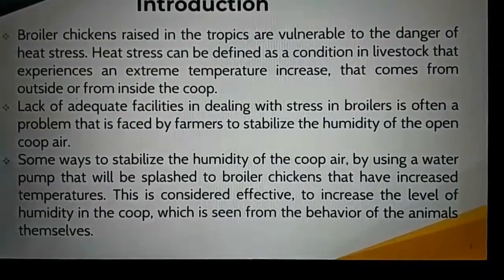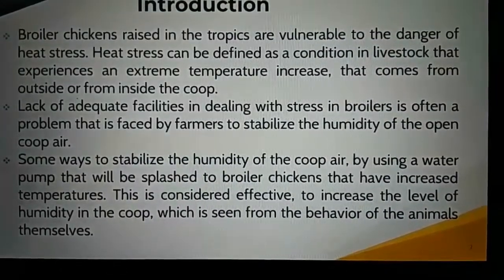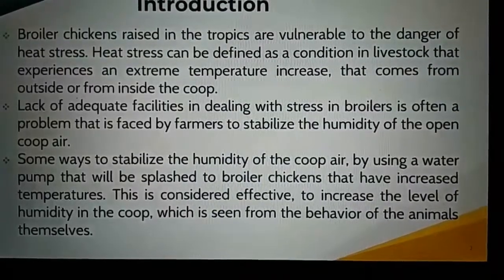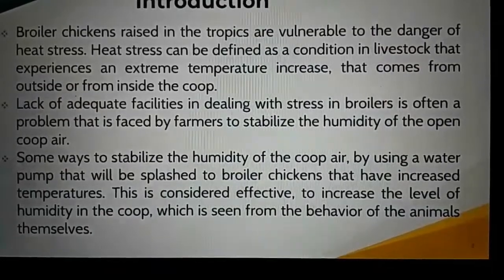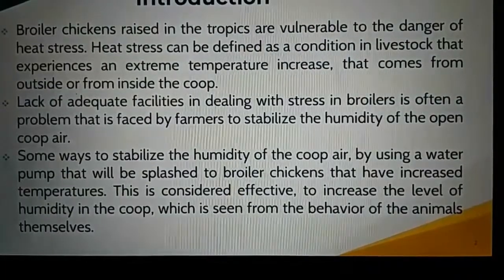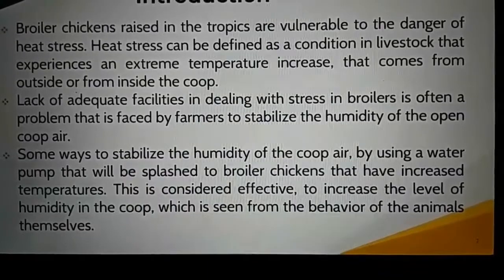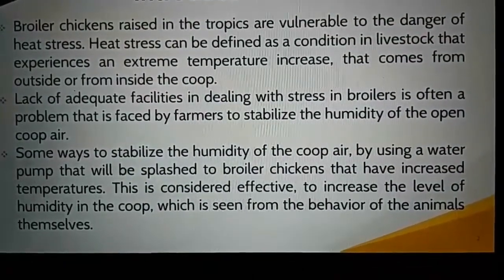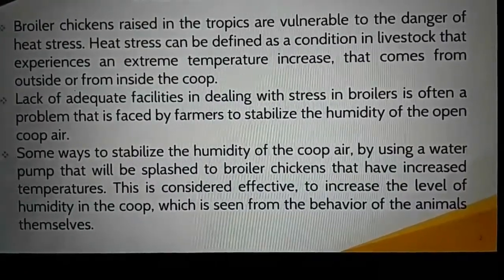Lack of adequate facilities in dealing with heat stress in broilers is often a problem faced by farmers to stabilize the humidity of the open coop air. One way to stabilize the humidity of the coop air is by using a water pump that will be placed near the broiler chickens that have increased temperatures.